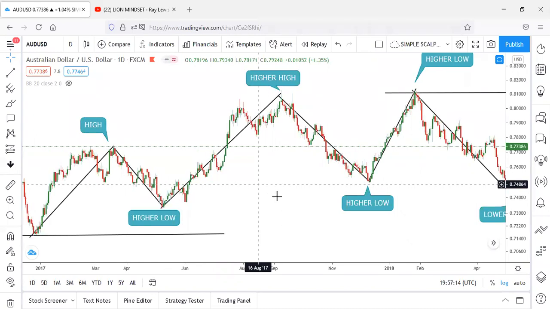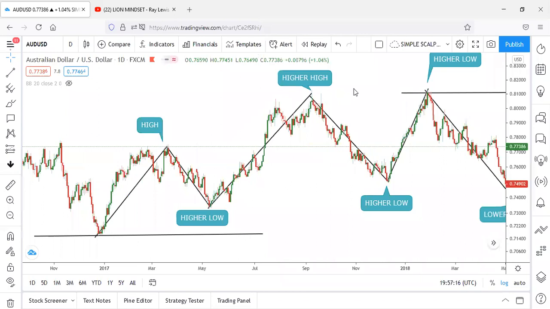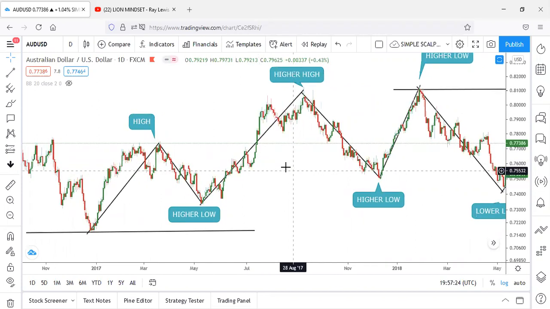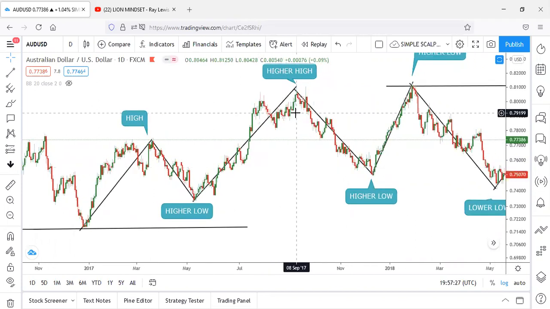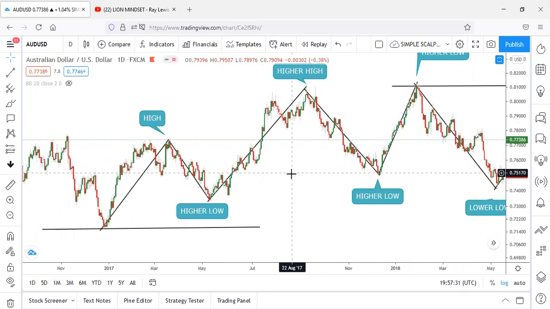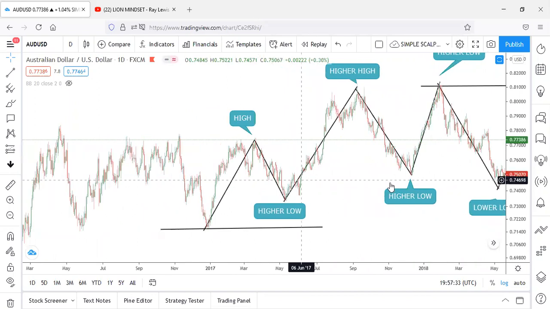I hope you understand. Any other question in the chat, please? If you want to trade using H4, you can simply look at the H4 chart. It's as simple as that. I hope this is very, very clear to you.